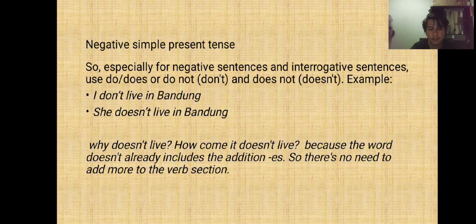Negative simple present tense. Especially for negative sentences and interrogative sentences, use do or does, or do not and does not. Example, the first, I do not live in Bandung. The second, she does not live in Bandung.